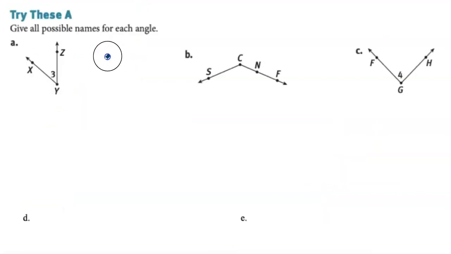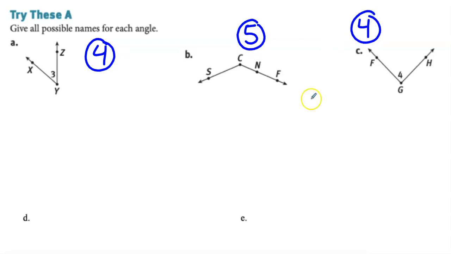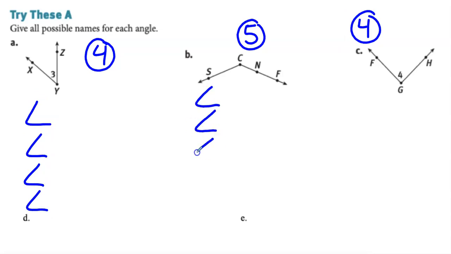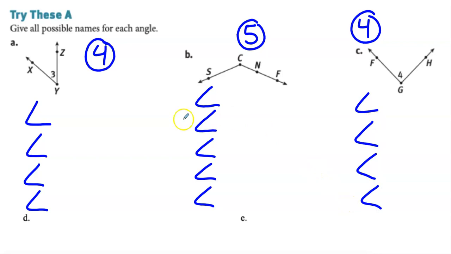So on part A, there are 4 ways to name the angle. Part B has 5 names. C has 4 names. So give me angle, angle, angle, angle, and then 5 angles here, and 4 angles here. Okay?